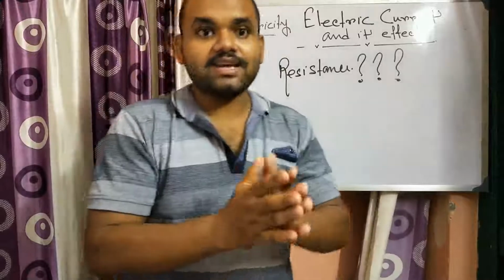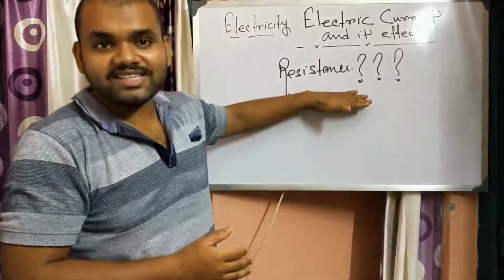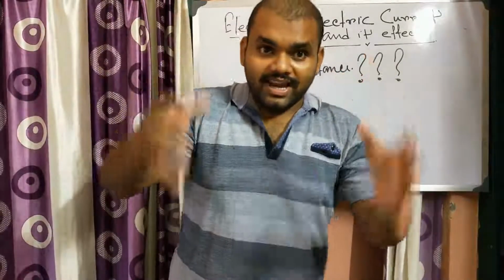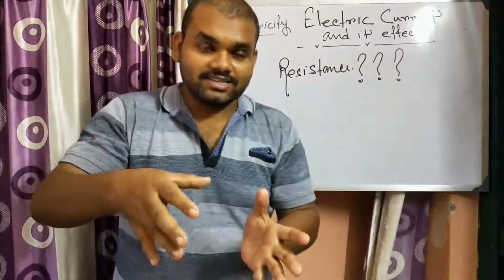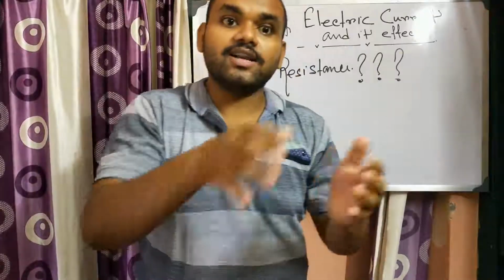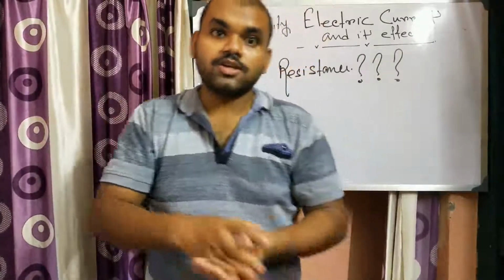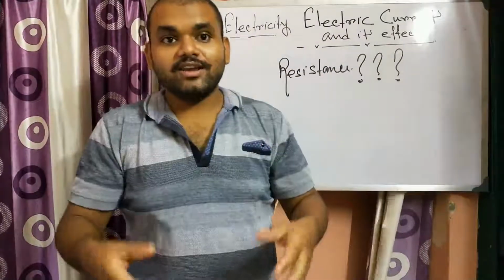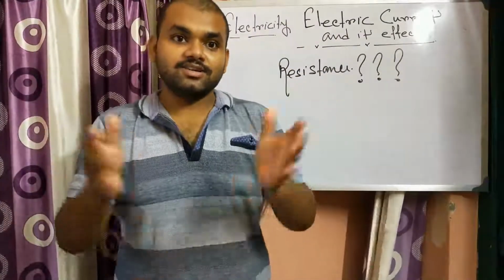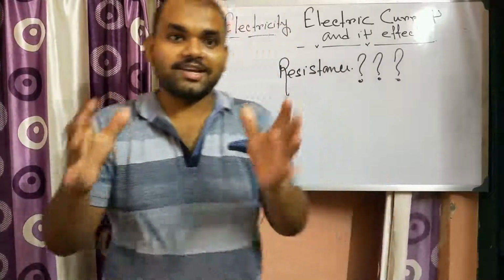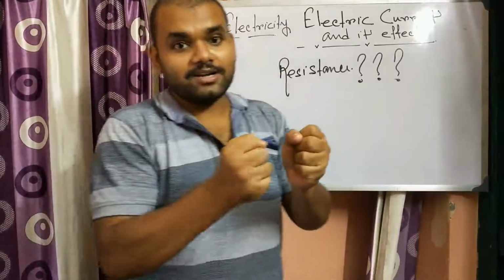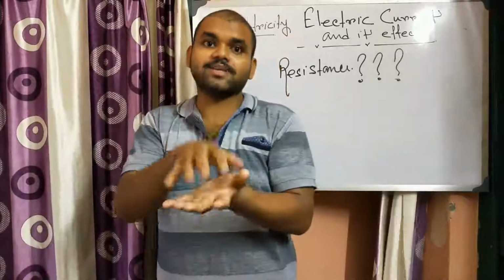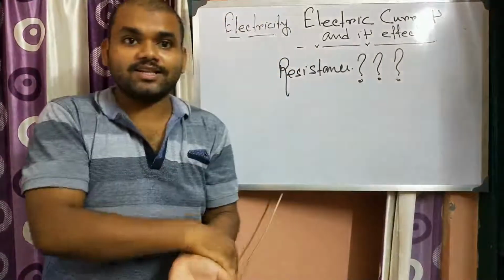It means that when resistance is offered, the electrical energy, the current electricity, is converted into heat energy. Why? Because you are shouting, your mom is shouting, your dad is shouting, so the environment becomes very heated. At that time some amount of energy is converted into another type of energy.